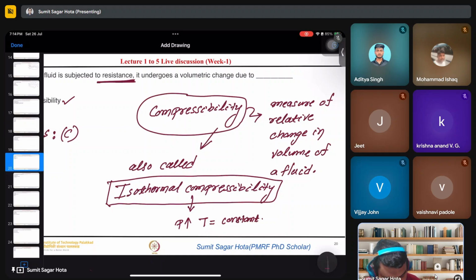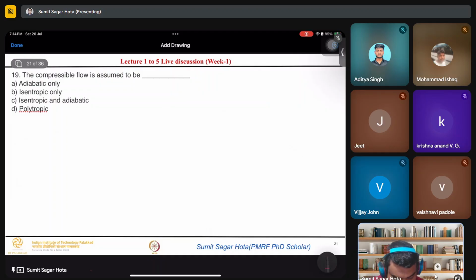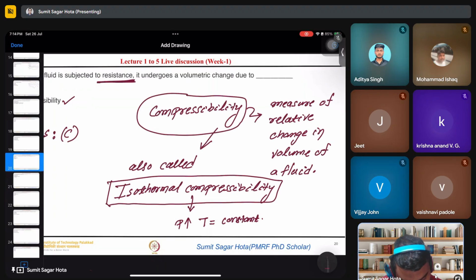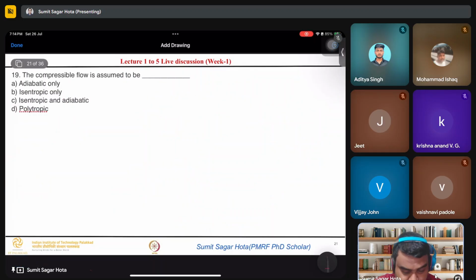So next one. The compressible flow is assumed to be dash. There is a very good term written, isentropic.